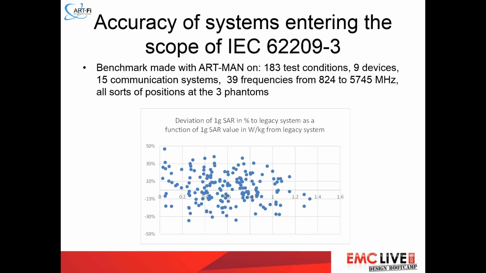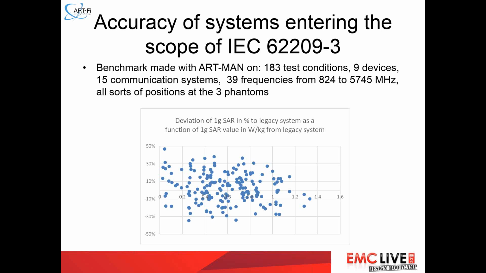I can show one example of the accuracy of such systems that enter the scope of 62209-3. We made a benchmark with our system on 183 test conditions, 9 devices, 15 communication systems, 39 different frequencies, and we tried every kind of position on the three phantoms.